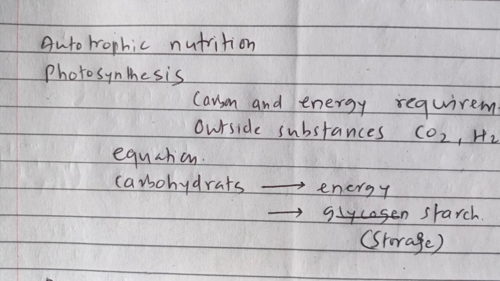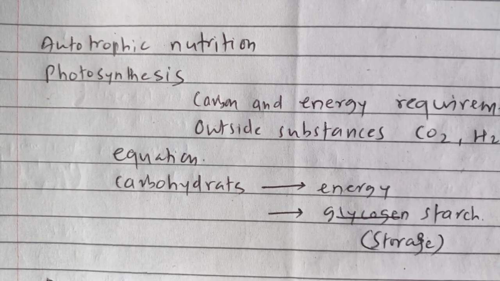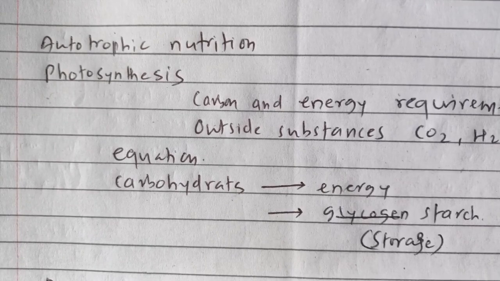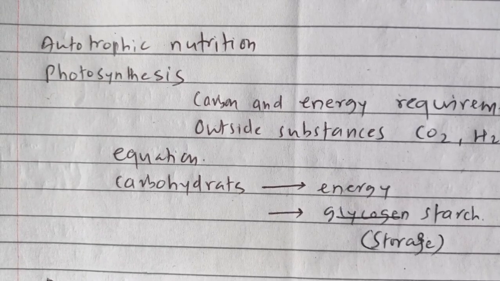So in human beings and similar organisms, such a stored energy is not in the form of starch, but it is in the form of glycogen. So excess glucose, carbohydrates, get stored as glycogen in the human body.